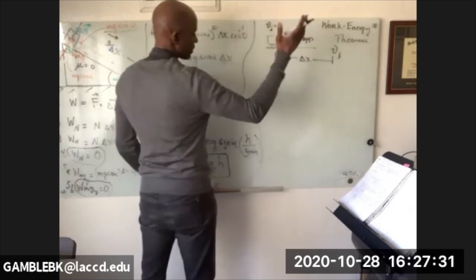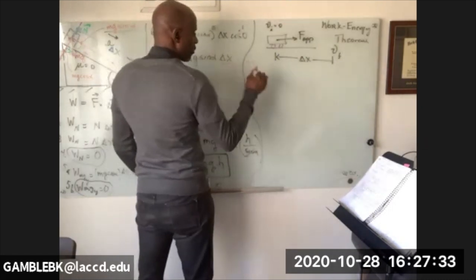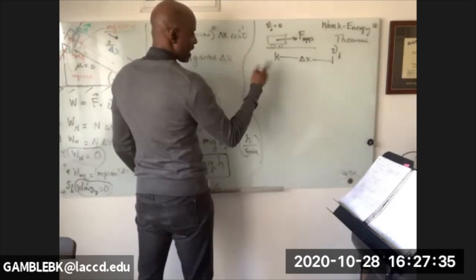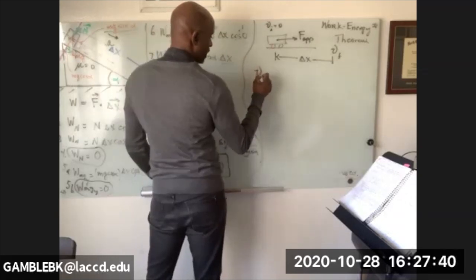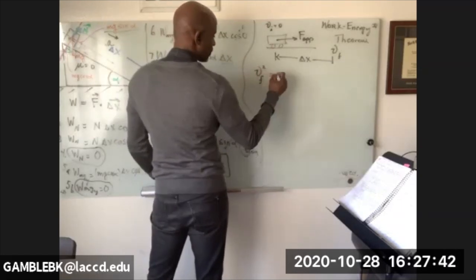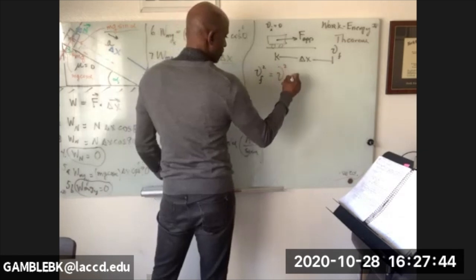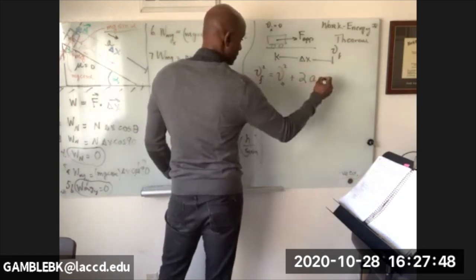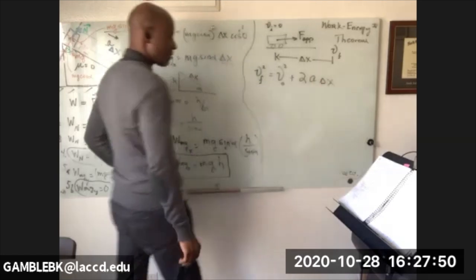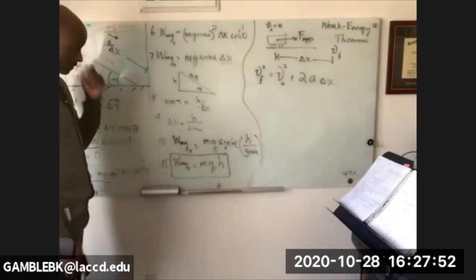There's an equation of motion that defines this situation: the final velocity squared equals the initial velocity squared plus 2 times the acceleration of the car times delta x. That's just from kinematics.